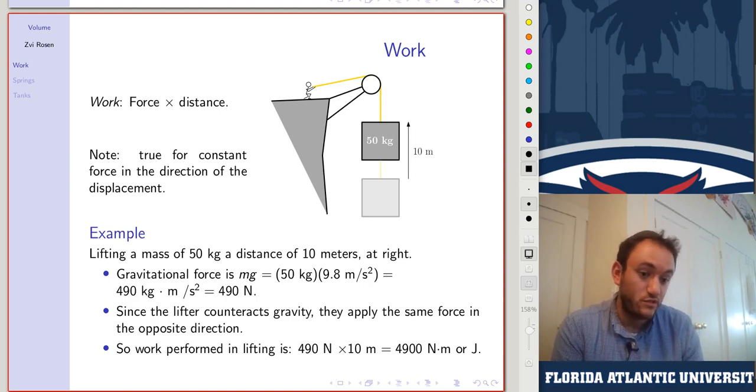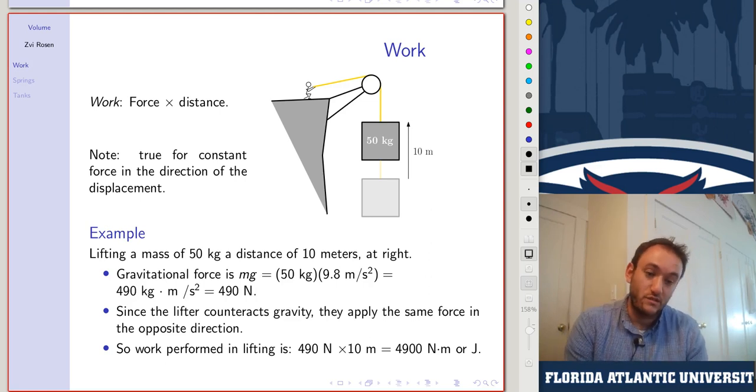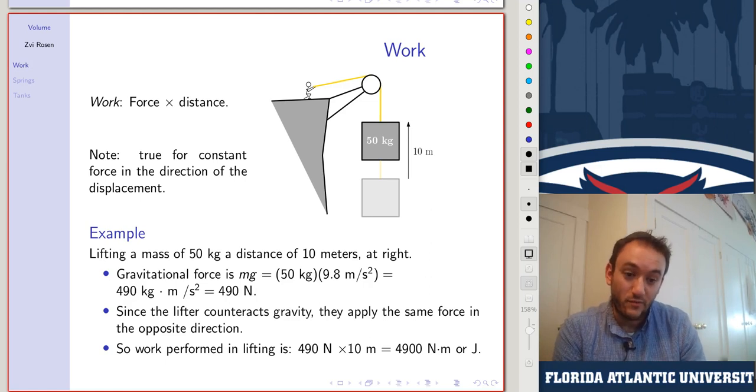So in order to determine how much work that person is doing, you would compute the gravitational force that you're opposing. So you have mass times the gravitational constant multiplied together. That gives you 490 newtons of force being exerted by gravity downwards. So you have to pull upwards with the opposite force, or 490 newtons.